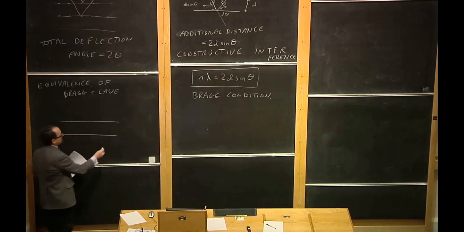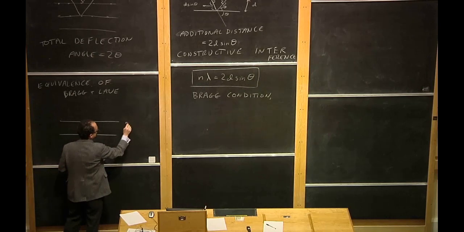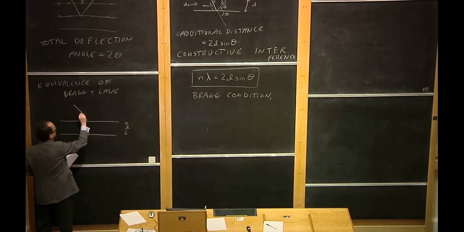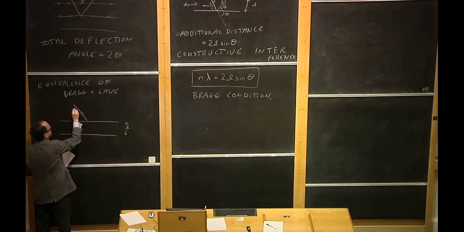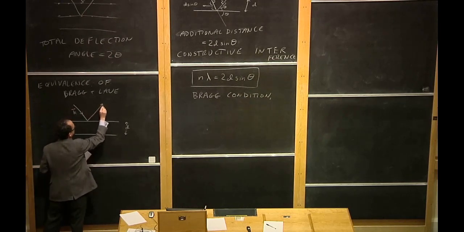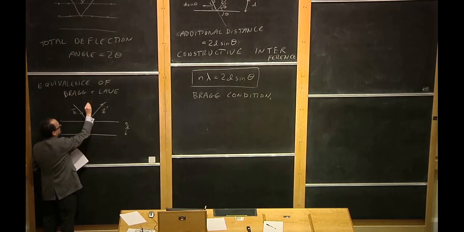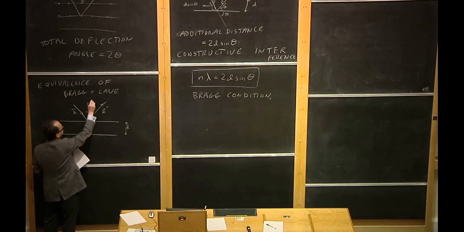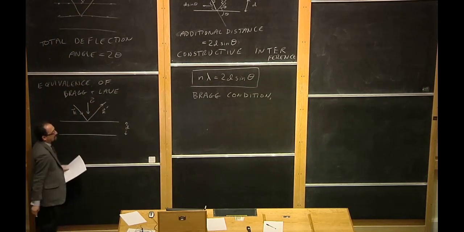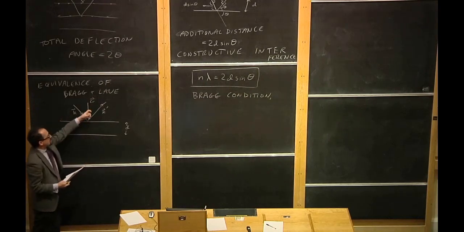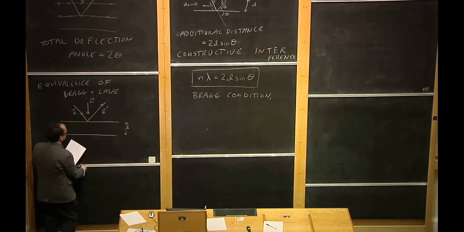So here we have our family of lattice planes separated by some distance d. We have an incoming wave at wave vector k and outgoing at wave vector k prime. And then since we have a family of lattice planes, there is an orthogonal vector G, which is a reciprocal lattice vector. That was one of the things we derived last time, that every time we have a family of lattice planes, there's a reciprocal lattice vector perpendicular to it.